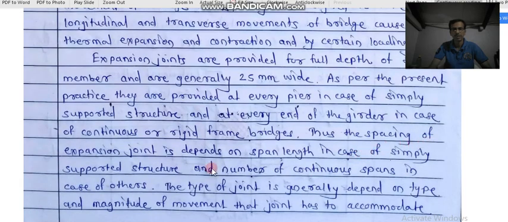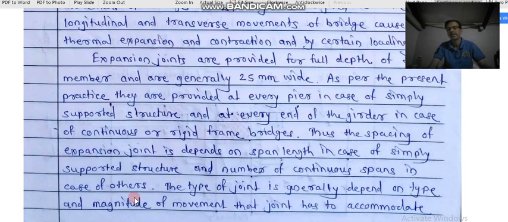Thus, the spacing of the expansion joint depends on the span length. In case of simply supported structure, the spacing depends upon the span of the bridge, as the length of the span is nothing but the distance between the expansion joints, and the number of continuous spans in case of others.